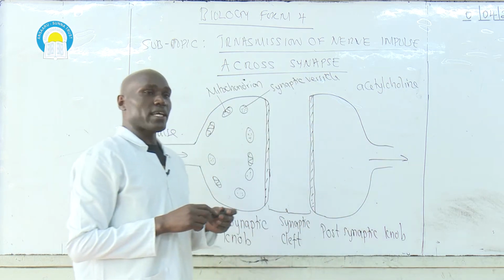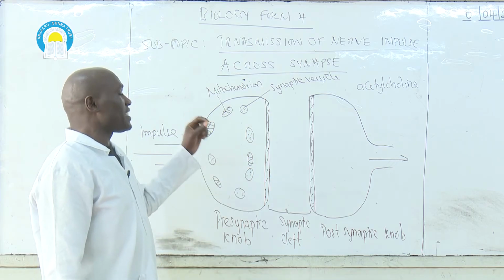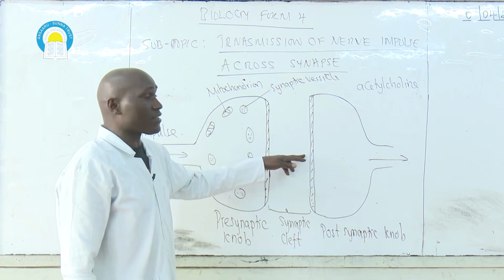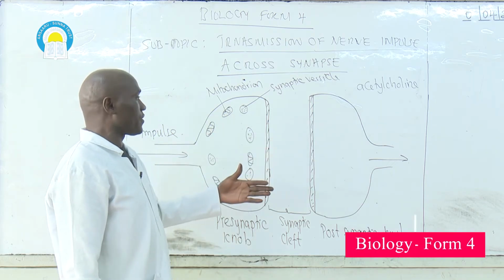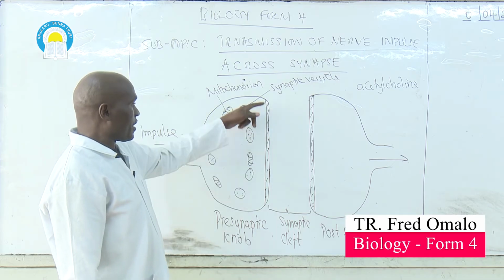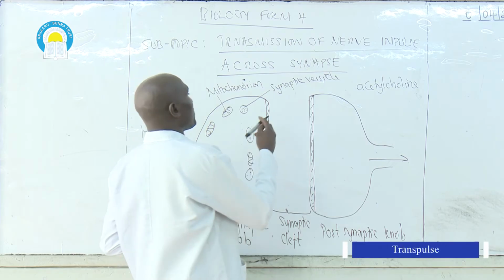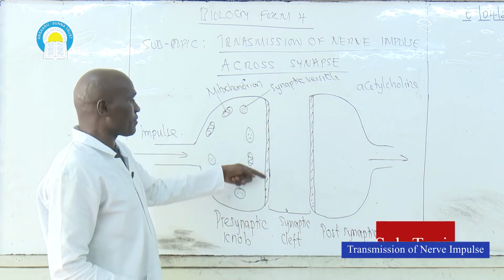So acetylcholine is called a neurotransmitter chemical substance. It's the one that will transmit nerve impulse across synaptic cleft from presynaptic knob to postsynaptic knob. The membrane on presynaptic knob is known as presynaptic membrane. So this is presynaptic membrane.